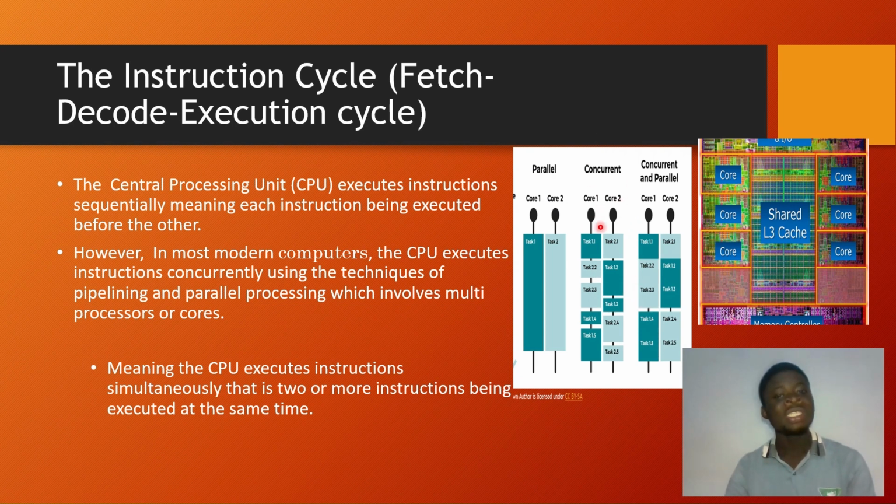In those days, the time used to execute an instruction was long. But in these modern computers, the time used to execute instructions is very small compared to those days because of parallel processing and pipelining.